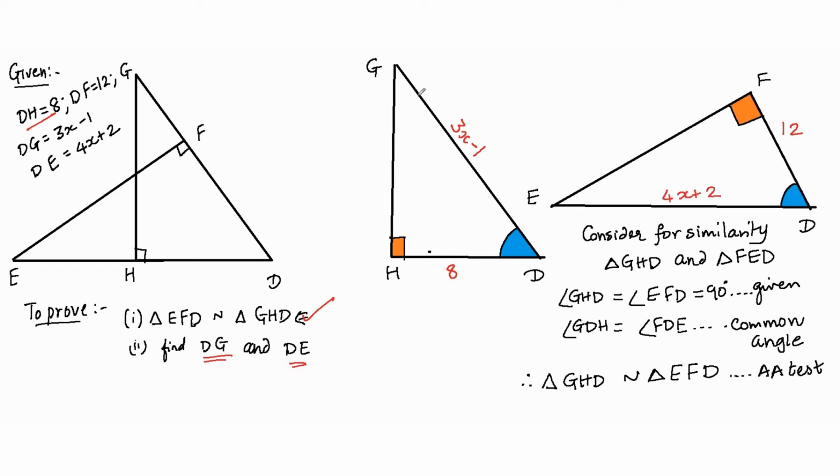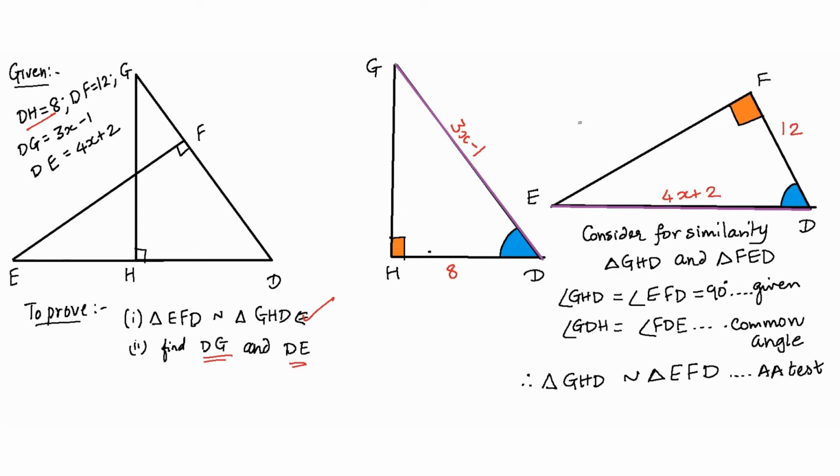If you want to find DG, which is highlighted by this particular side, and DE, both are dependent on the value of x, right? So I will first have to find the value of x, and only then I can calculate the values of DG and DE.